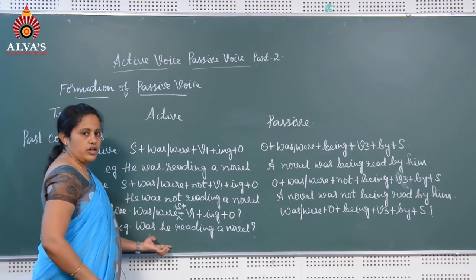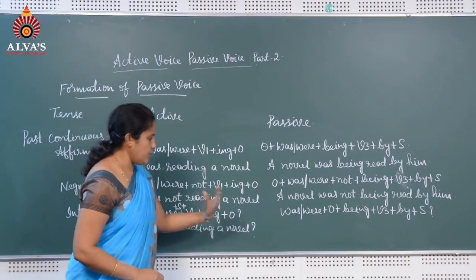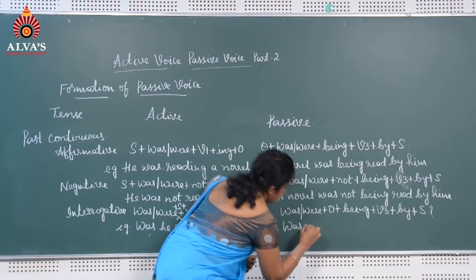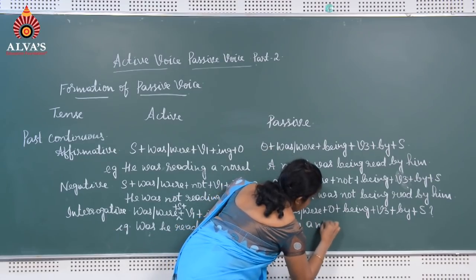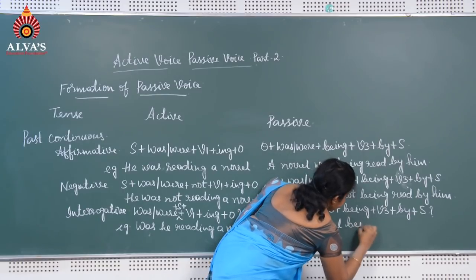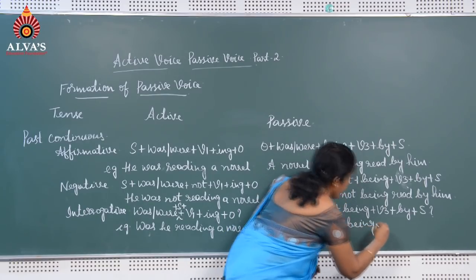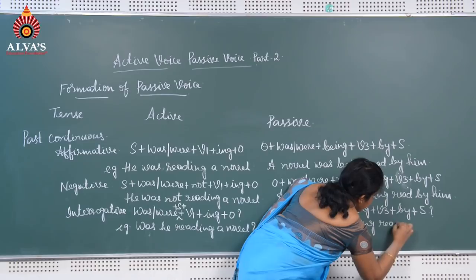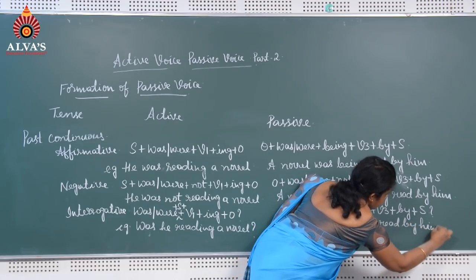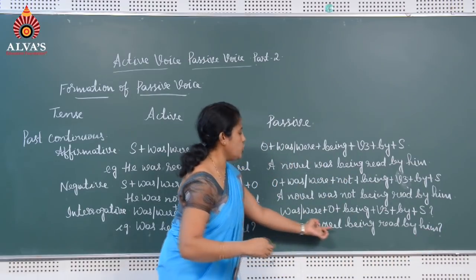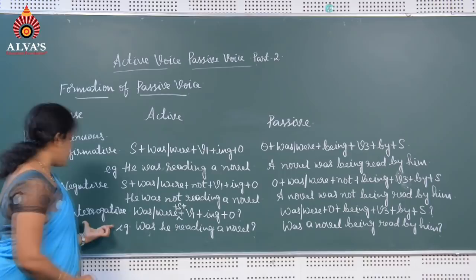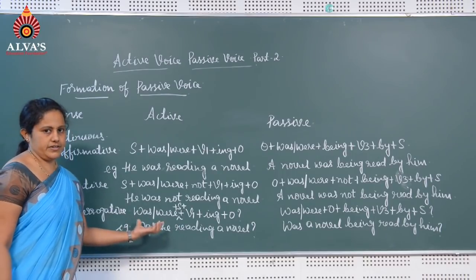When we change from active to passive, it becomes: was a novel being read by him? Was a novel being read by him? So, this is an interrogative sentence.